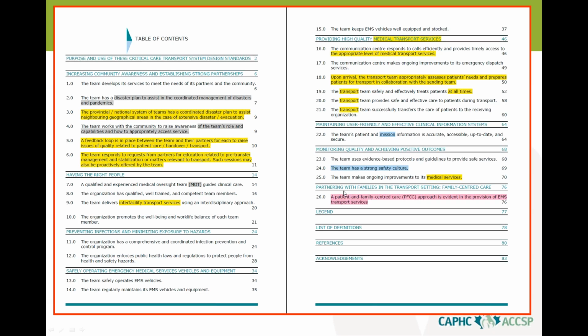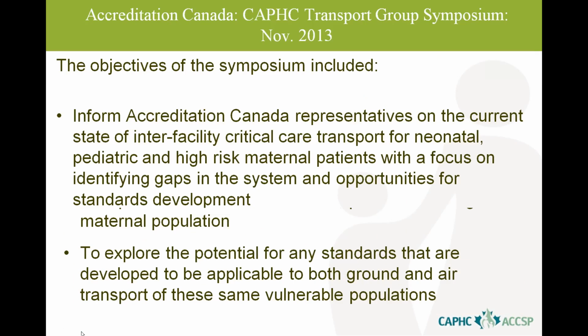We did end up adding in what did not exist in the EMS consensus document, which was this piece here, partnering with families in the transport setting, family-centered care. Although it makes sense that even in an EMS document that would be important. So ultimately what we did is we brought this to a meeting with Accreditation Canada last fall, and really the objectives of it were twofold.